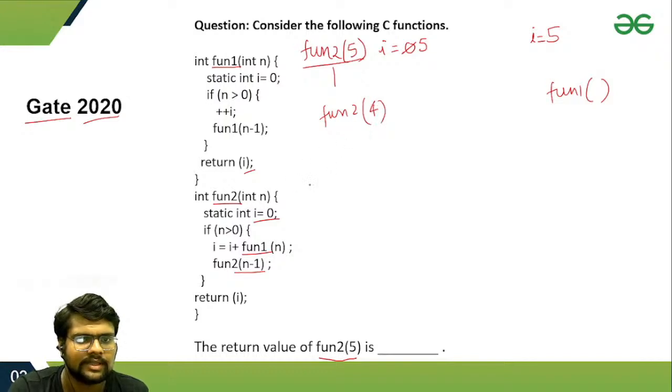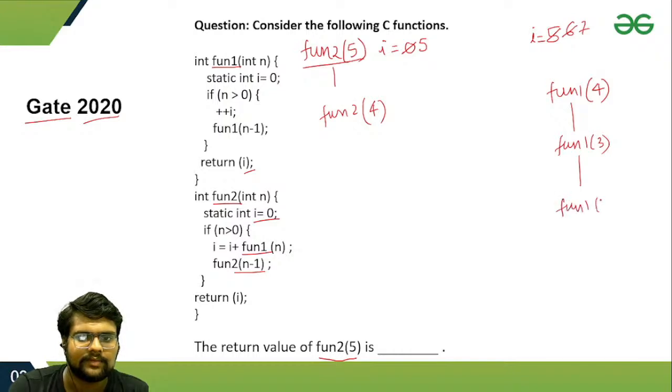When n equals 4, we will again call the f1 function with value 4. Now with value 4, this will be called. Again i gets incremented to 6, and fun1 of 3 will be called. Then again i gets incremented to 7, then fun1 of 2 will be called.